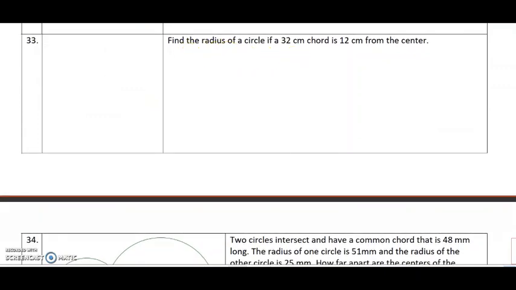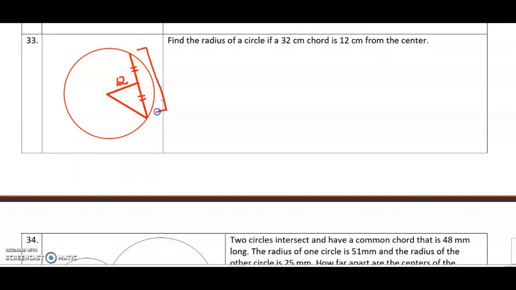Find the radius of a circle if a 32 centimeter chord is 12 from the center. So that's 12.